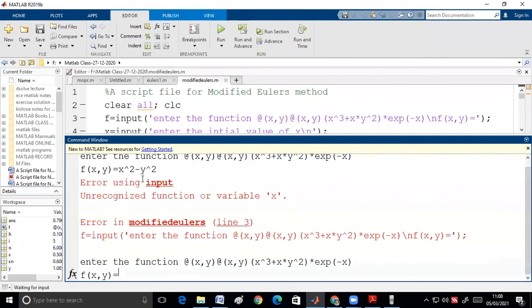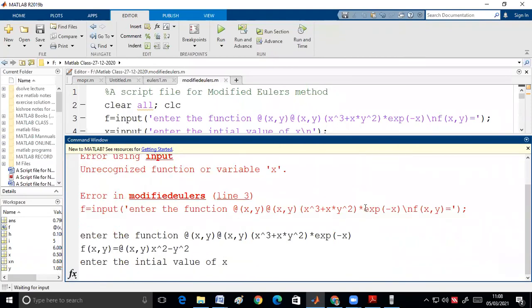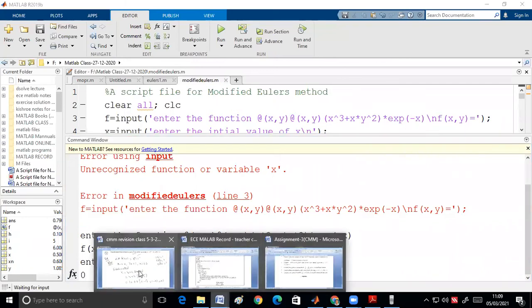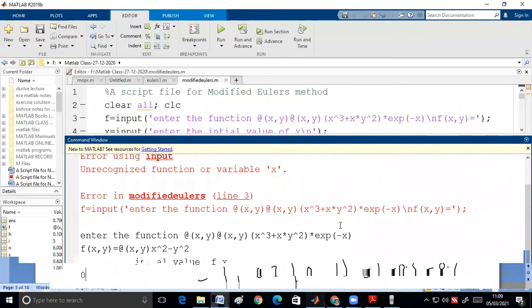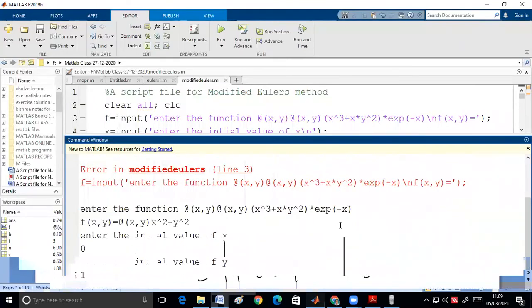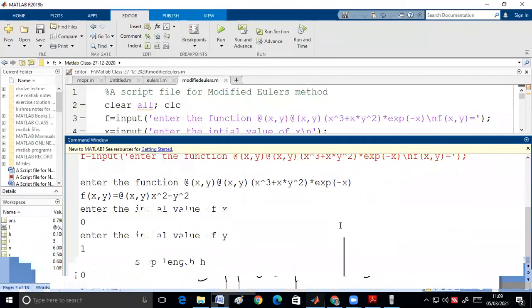Initial value. At the rate x comma y, x squared minus y squared. The initial value for this problem is 0 at 1. x naught is 0, y naught is 1, step length is 0.3.